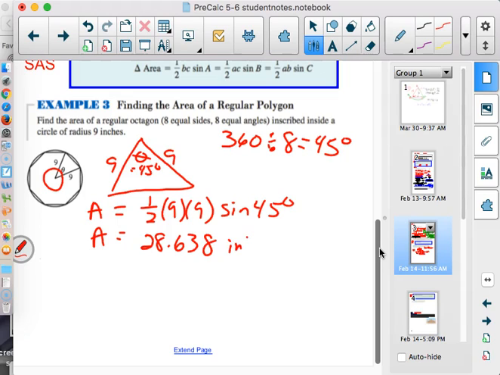Inches, so square inches. But we're not done yet. How many triangles are we going to fit in there? So we need 8 of those. There it is, 229.103 square inches.